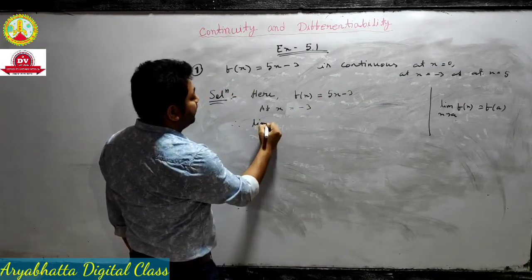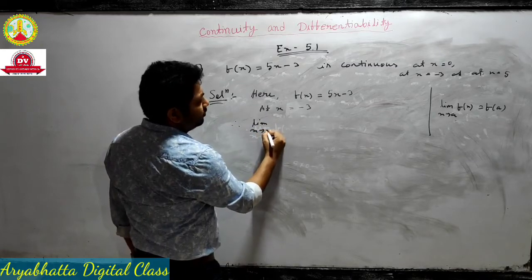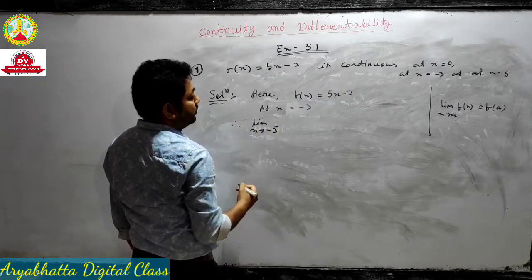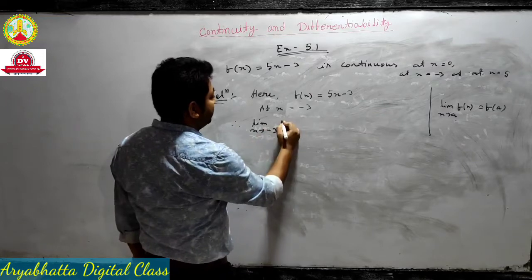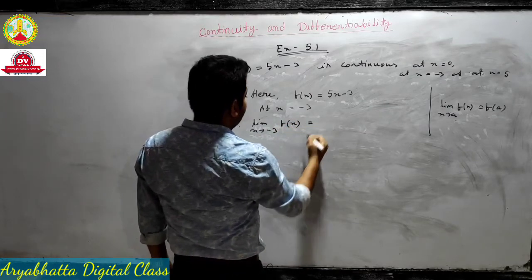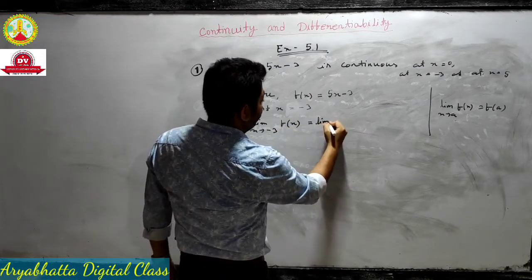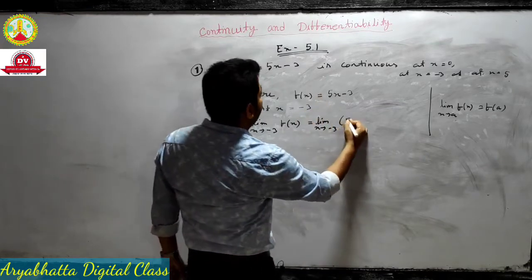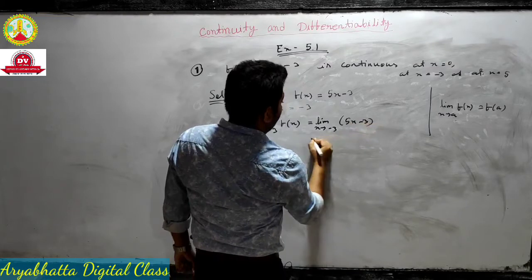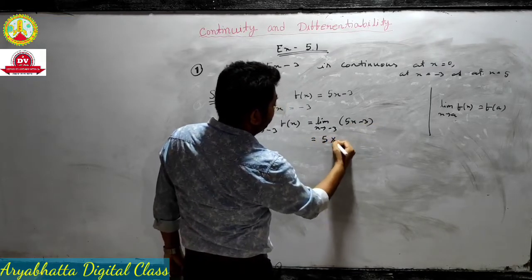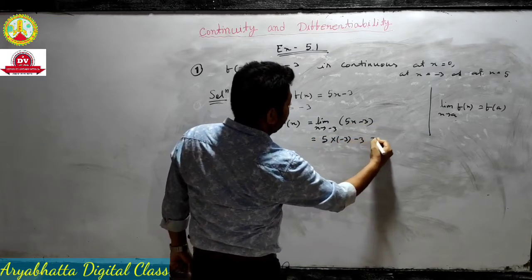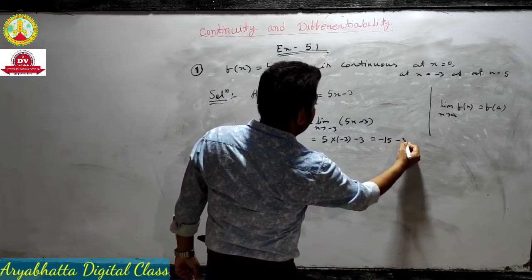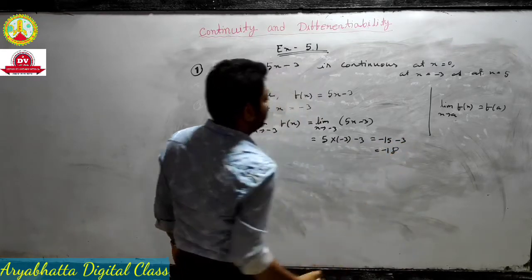Therefore, limit x tends to minus 3, f of x is equal to 5x minus 3. This is equal to 5 into minus 3 equal to minus 15 minus 3. This is equal to minus 18.